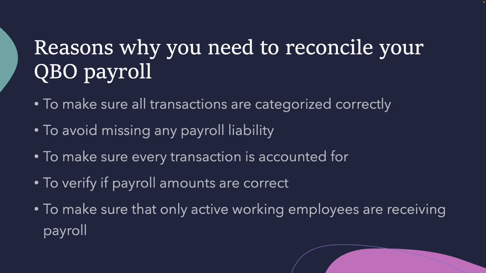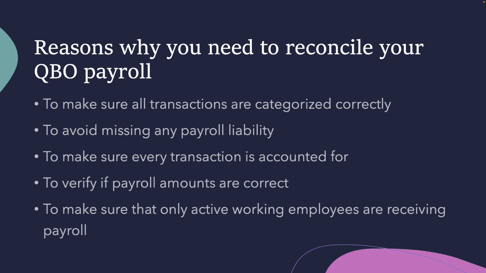There are situations when a check needs to be voided for whatever reason. So you want to make sure you void that check before it's too late, because if it is past the date of the payroll, then you're going to have to contact QuickBooks to make sure that you get that taken care of. All right, to make sure that every transaction is accounted for.